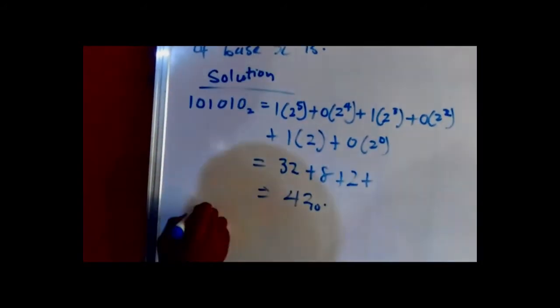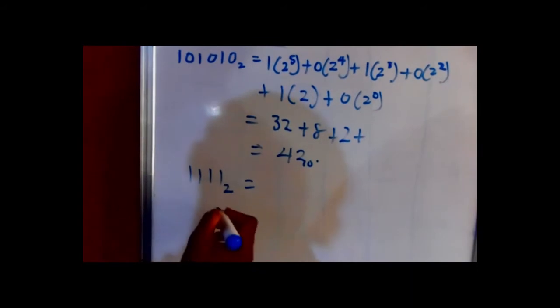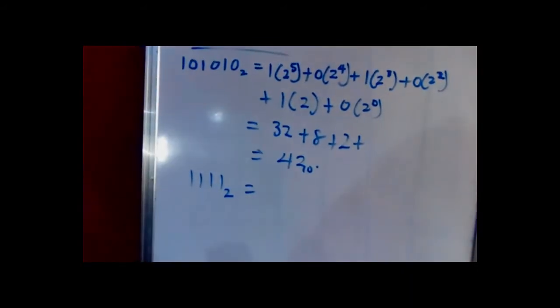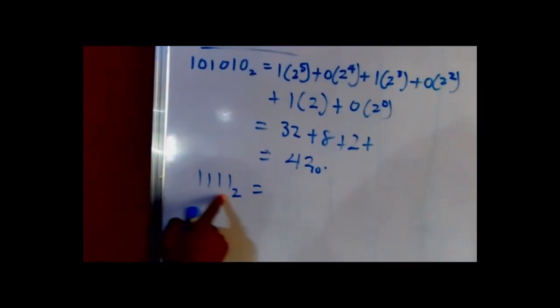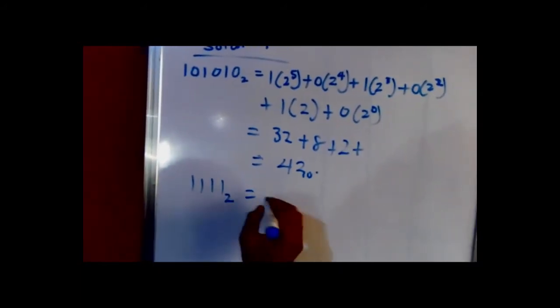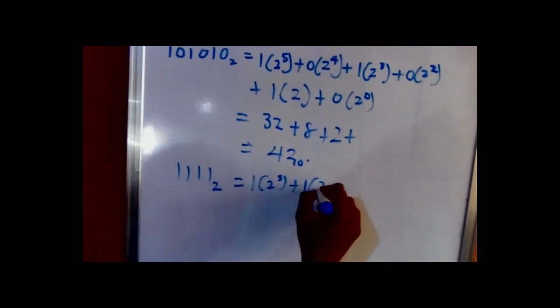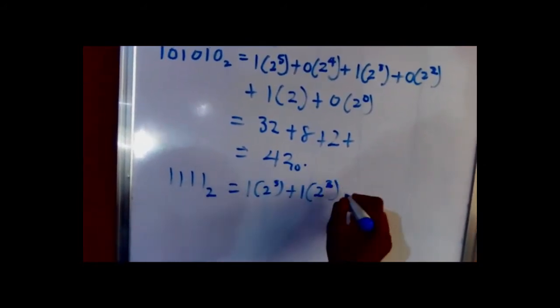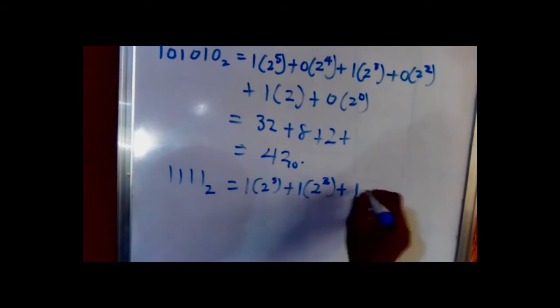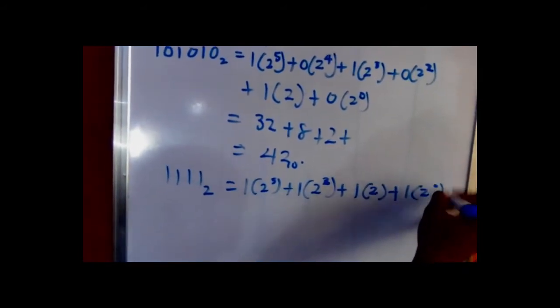So let's convert the other one. 1111 base 2 is equal to, there are 4 figures here, which means the highest power is going to be 3. 1 into 2 raised to the power of 3 plus 1 into 2 raised to the power of 2 plus 1 into 2 plus 1 into 2 raised to the power of 0.